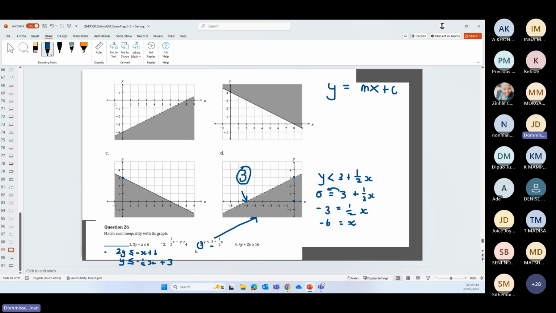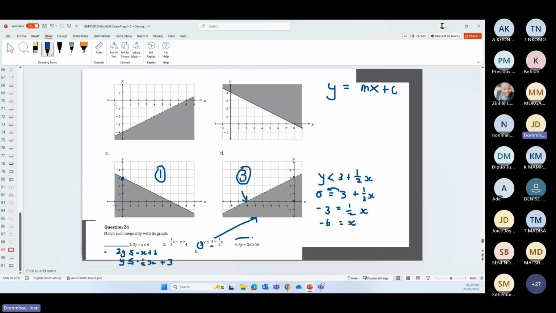Okay, so now we see, again, we've got plus 3. That one is already done. So then the only one that we're left with is graph 1. Okay, and then we can do one of these because then the other one would be the opposite.